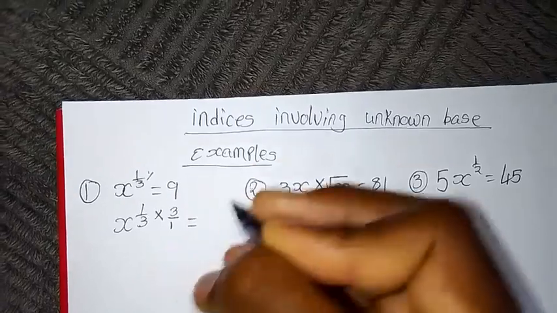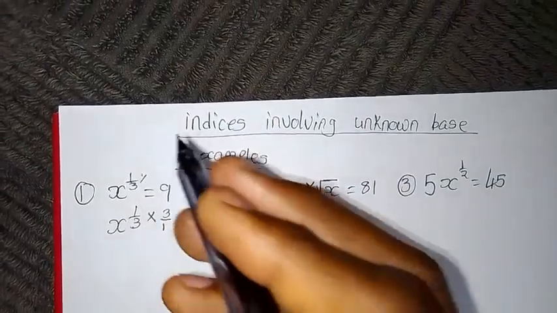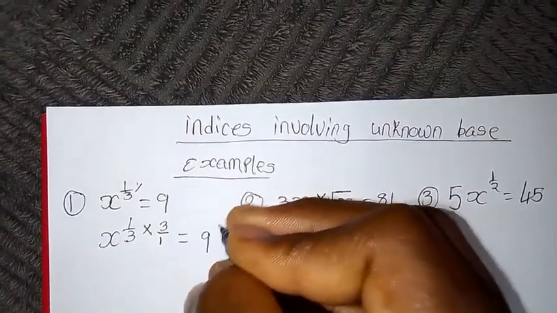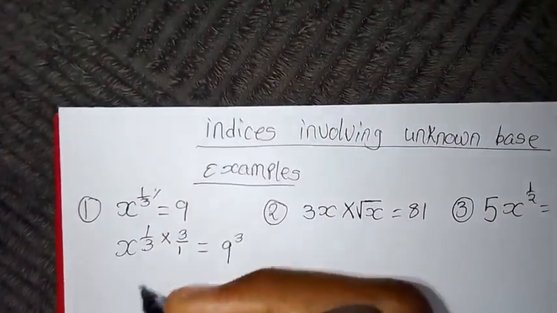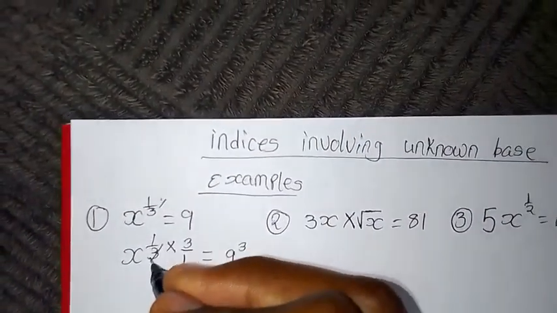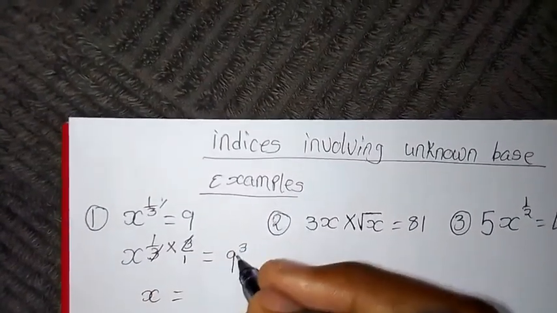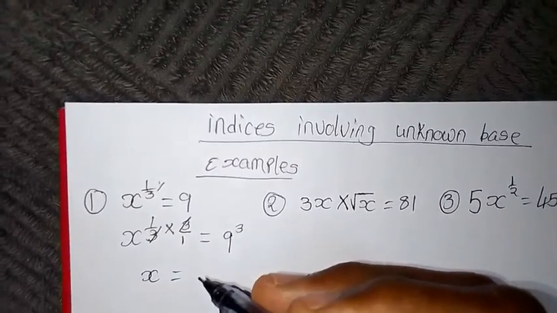What you do at the left hand side, you also do to the right hand side. So it's going to equal 9 power 3. So here this will cancel out, it will equal 1. So x is equal to 9 power 3, which is equal to 729.